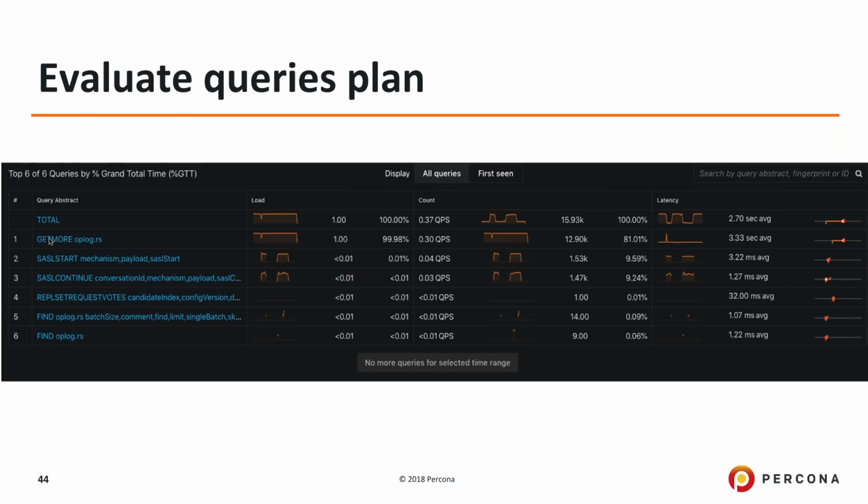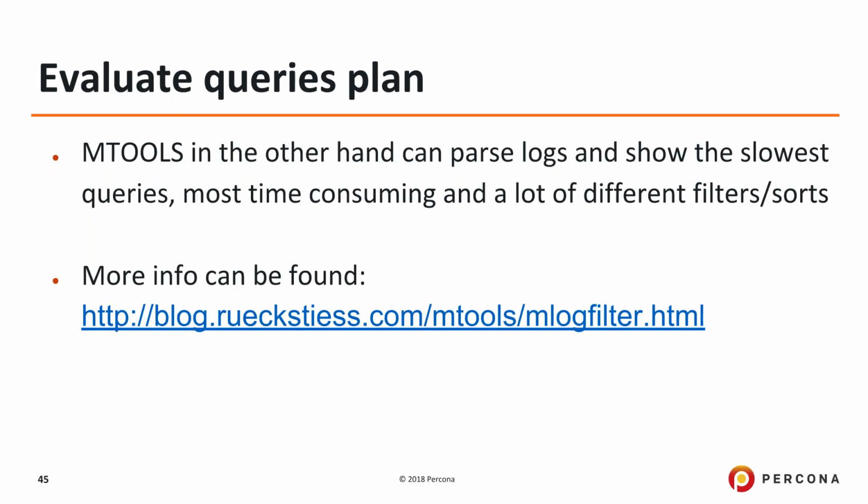So get more oplog rs tells me that that's replication actually, but maybe that is a find on your application products, and you know that that's a query that's really important to you. If you saw a change in that performance throughout these dashboards, you could look at the explain output and also the change in efficiency. So if it went from returning a 1-to-1 ratio of index to documents and all of a sudden it didn't, it would be a place to look where it's a little easier to look at than command line output.